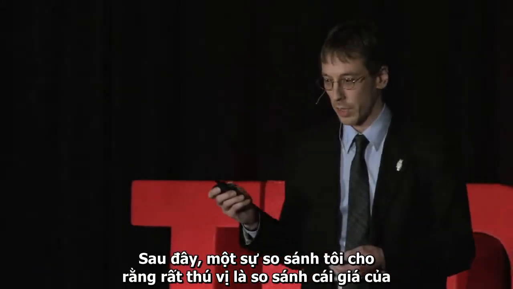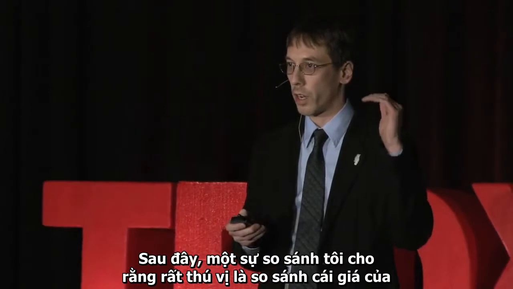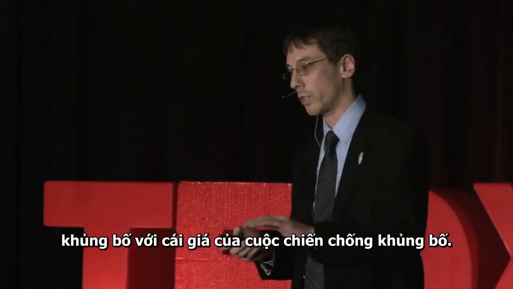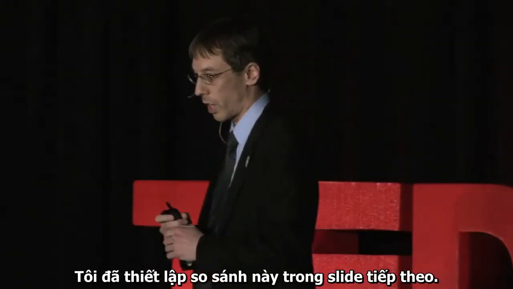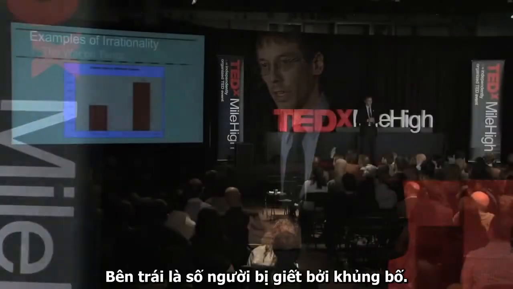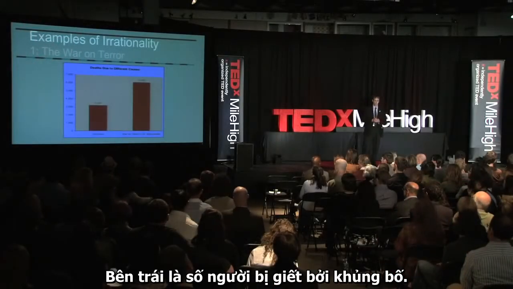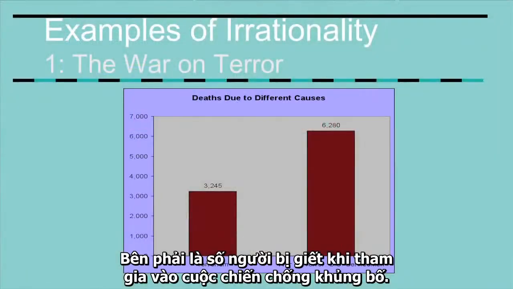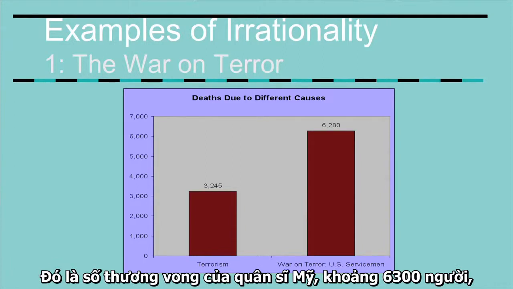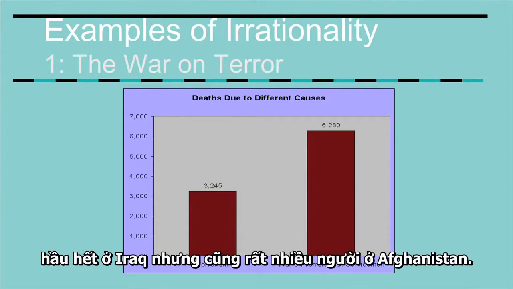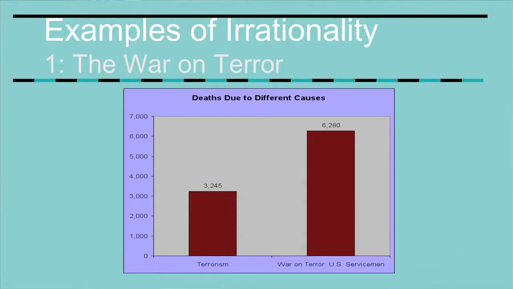The other comparison that I think is interesting is comparing the costs of terrorism to the costs of the war on terror. I have this on the next slide. On the left are the people who have been killed by terrorism, and on the right, just Americans who've been killed fighting the war on terrorism. That's the deaths of U.S. servicemen, about 6,300, most of them in Iraq, but also a lot of them in Afghanistan.